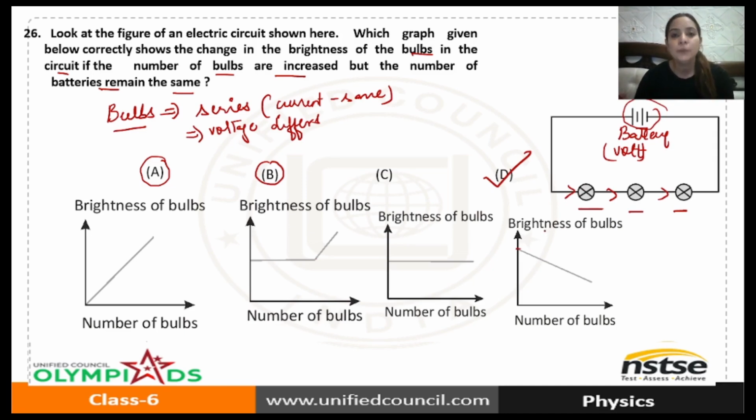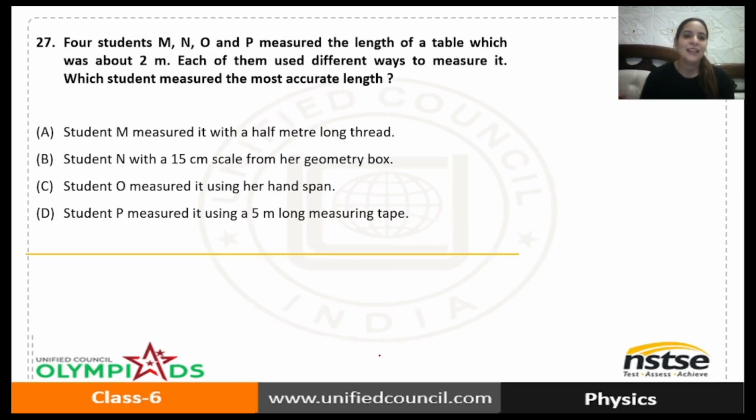Therefore the brightness of the bulb will be low, because the same voltage is shared and more bulbs are adjoined. Therefore which option is correct, students? I think you know the answer now. It is option D. Next question.